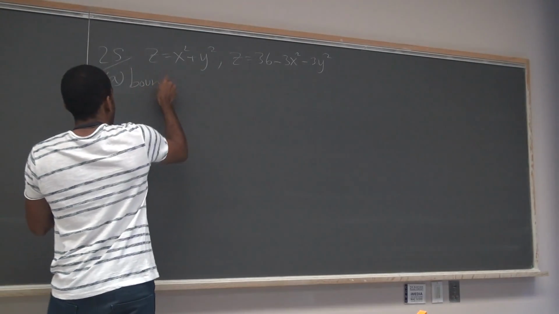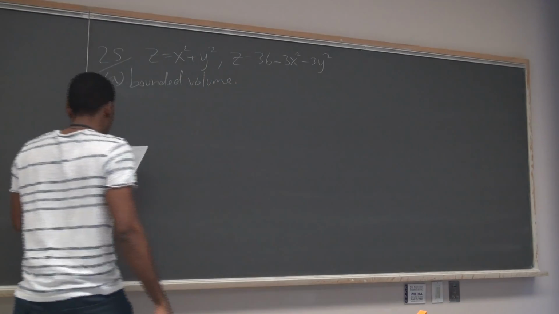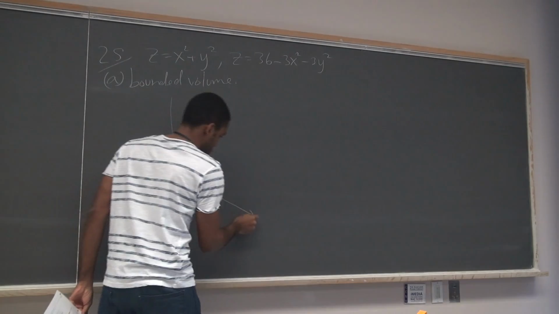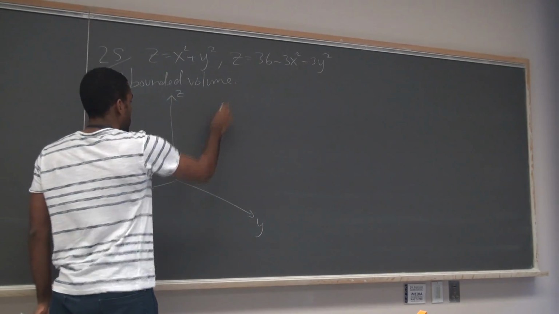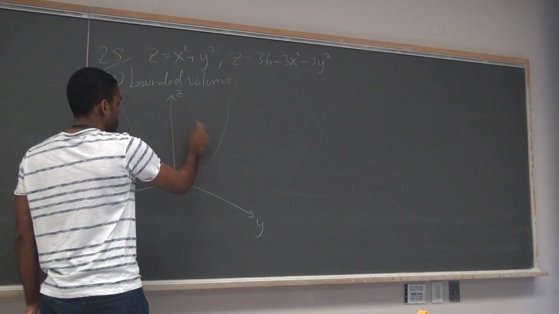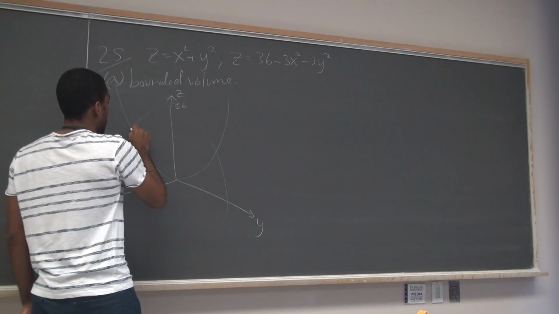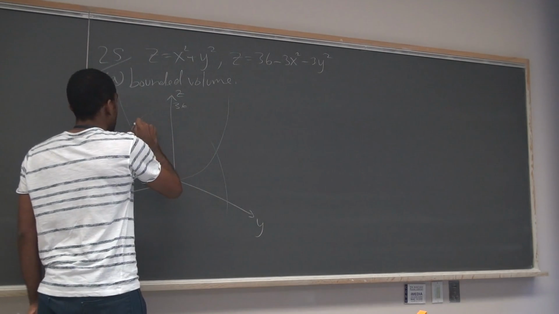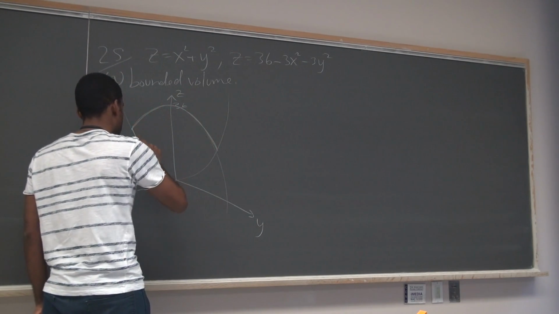For A, I need to find the bounded volume. Draw a picture. One is a paraboloid going up, the other is a paraboloid going down with maximum 36. So that's the object.